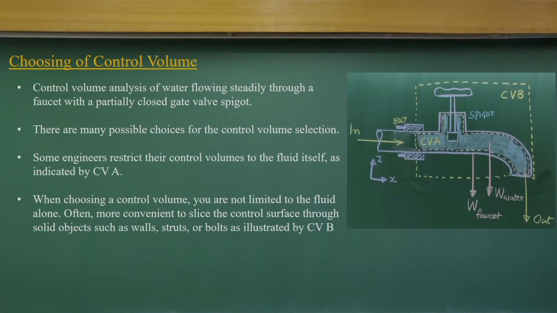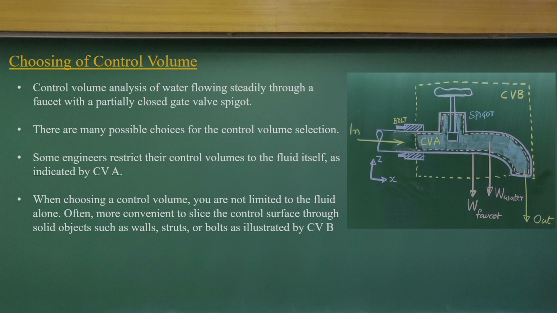Now, another point is how to choose a control volume, because that is an art, like when you draw free body diagrams in solving solid mechanics problems. Similarly, drawing the appropriate control volume is an art, which you have to learn by solving many problems using the control volume concept.